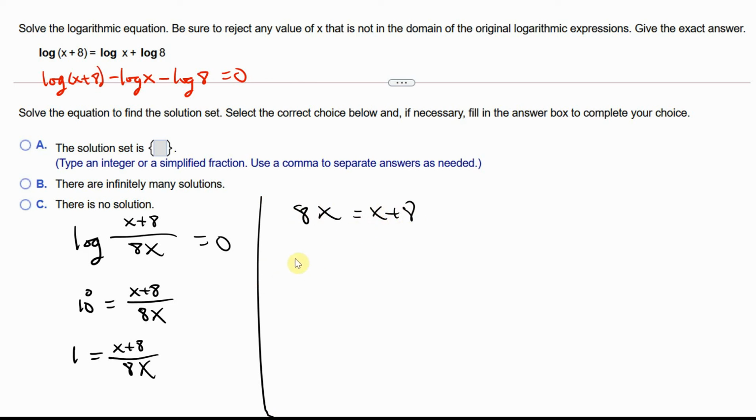Subtract x on both sides, so I get 7x is equal to 8. X is equal to 8 over 7. And it said type of integer or simplified fraction, so 8 over 7 is sufficient. Hey, that's it. We're done.